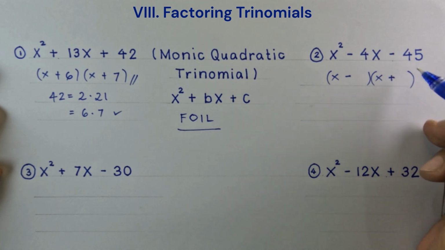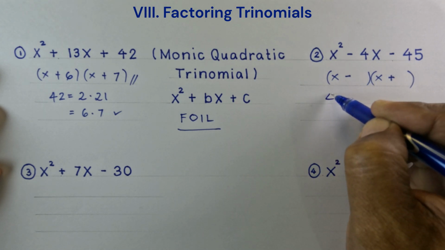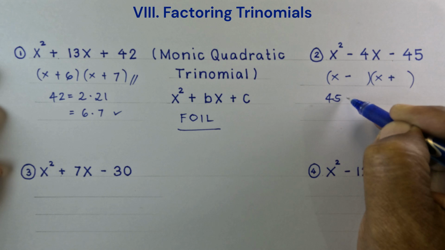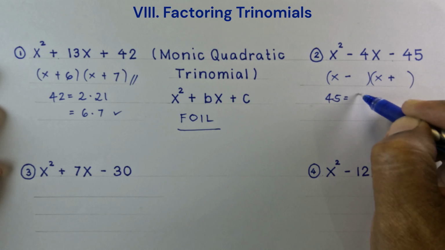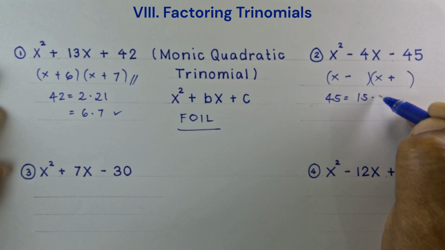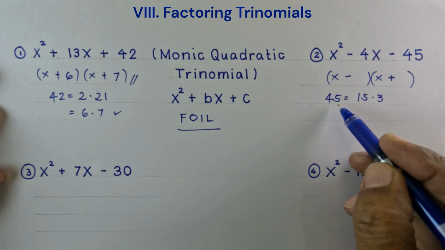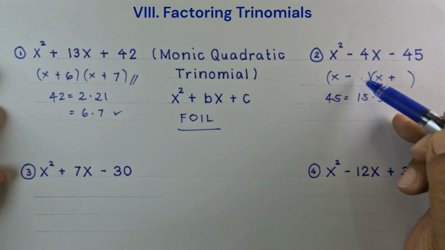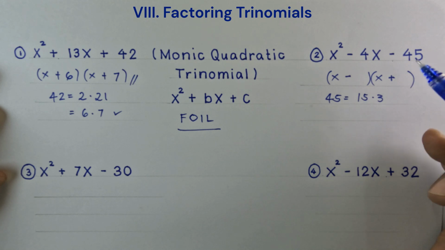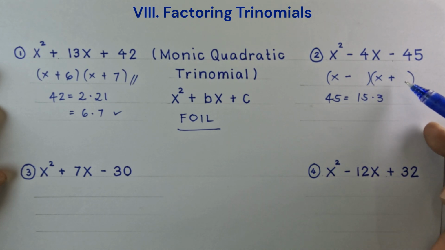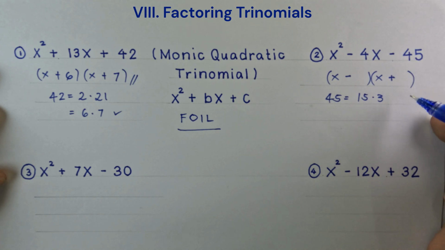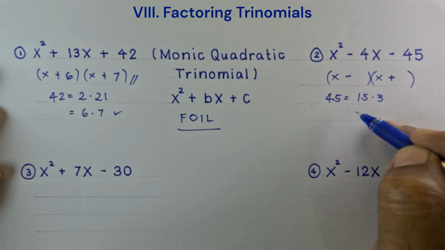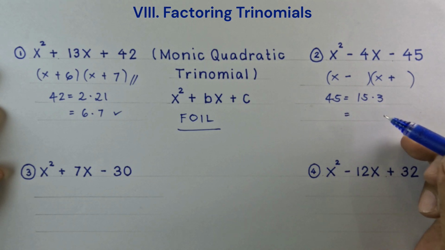So let's get the factors of 45. Let's try 15 times 3. So 15 times 3 is 45. If I place 15 here and the 3 there, that would be minus 15 plus 3 is minus 12. But we're looking for minus 4. So therefore this is not the right pair. So let's try another one.